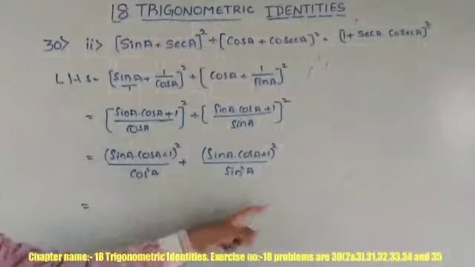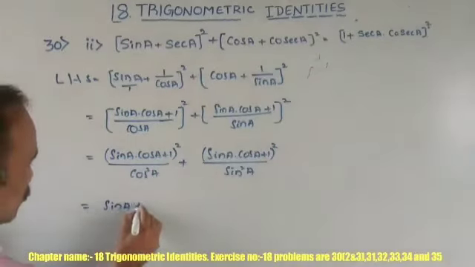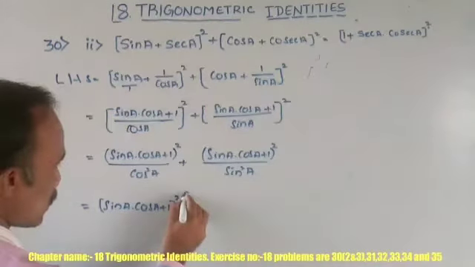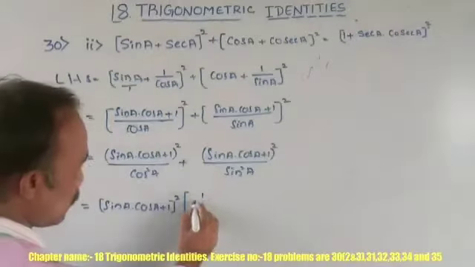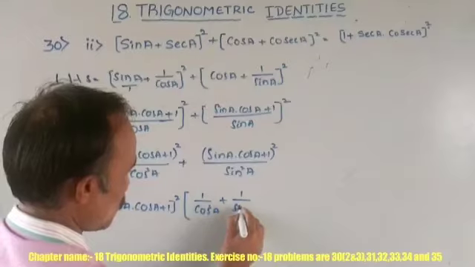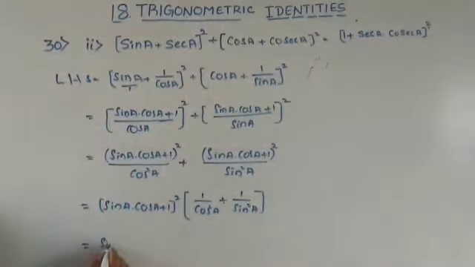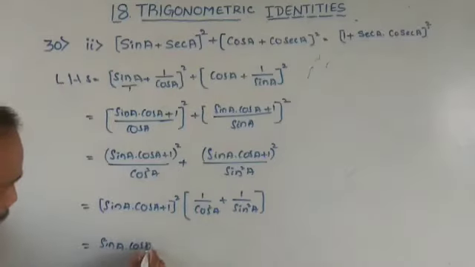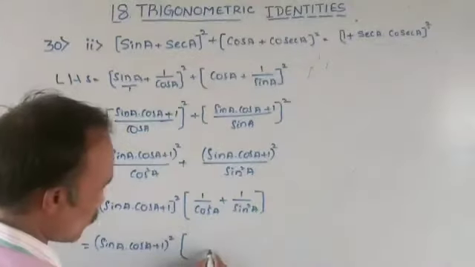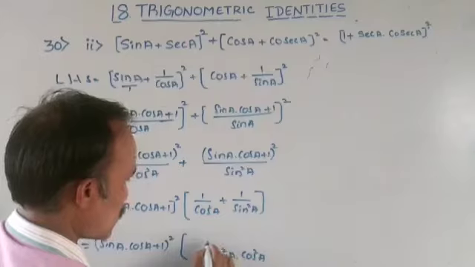Now here both terms have the same numerator, so taking out (sin A into cos A plus 1) whole square as a common factor, remaining here 1 divided by cos square A plus here 1 divided by sin square A. Yes, this is equal to (sin A into cos A plus 1) whole square into, take the LCM of these two, that is sin square A into cos square A is the LCM.